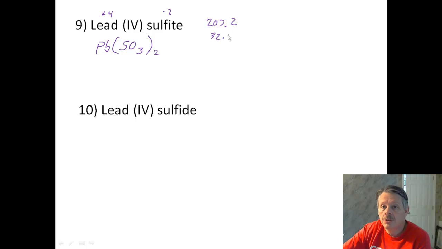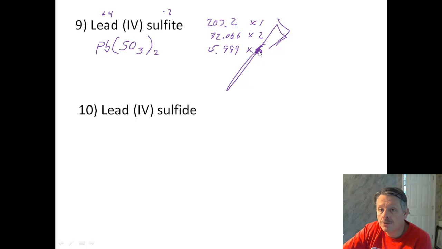It's 32.066 for sulfur. 15.999 for oxygen. I still have 1 lead. I still have 2 sulfurs, but now instead I have 3 oxygens. So I have to multiply 3 by 2, so I have to get 6 oxygens. There's a 6 under there, folks. Right. When I multiply that whole mess together, I get 367.3 grams.